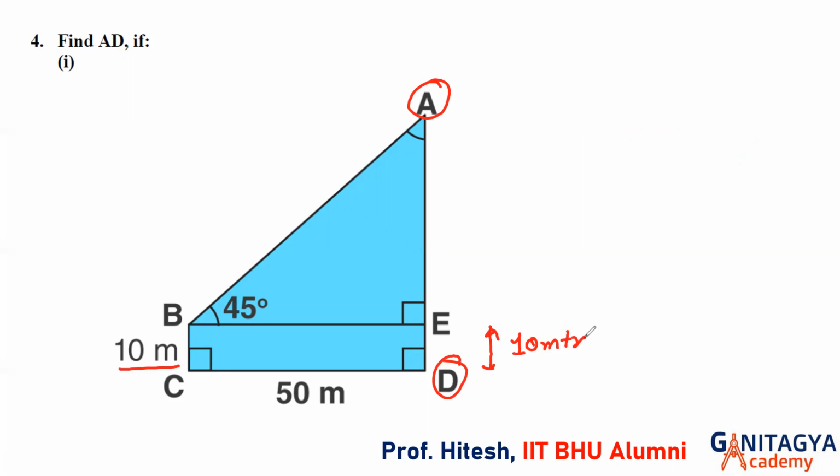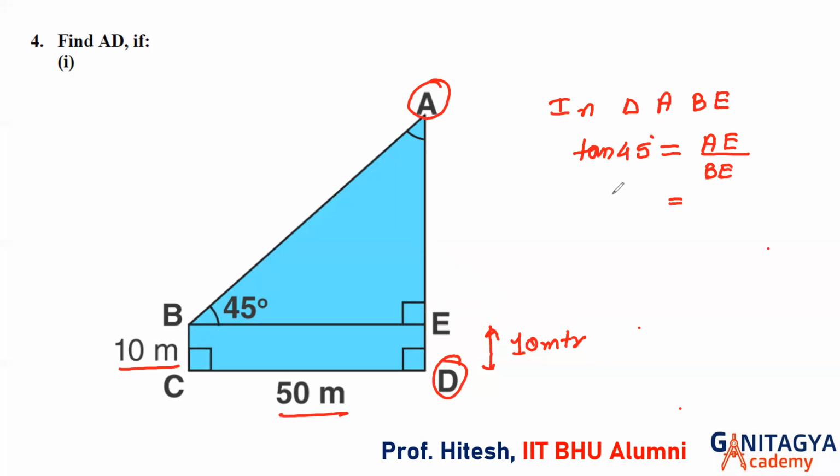So now what we will do, in triangle ABE, we can say tan 45 is equal to perpendicular upon base. So perpendicular is AE divided by base. Base is how much? 50 meter, that is BE. So tan 45 is 1, AE upon 50.